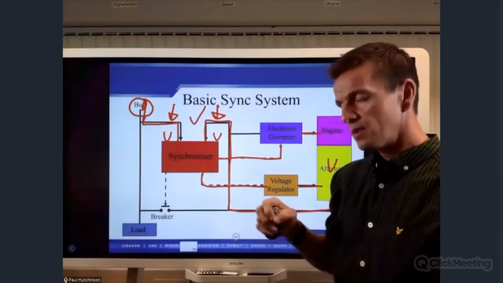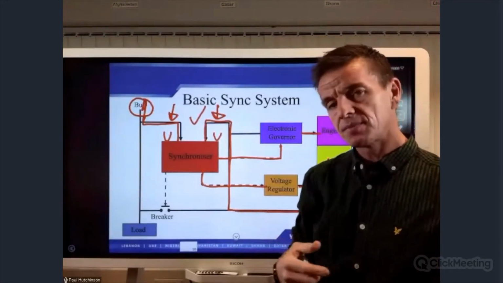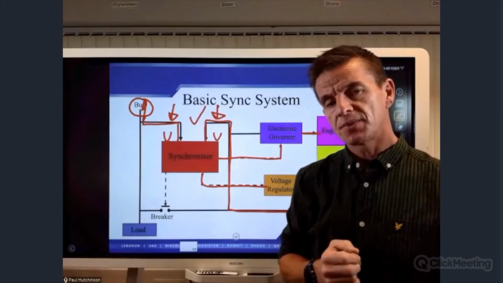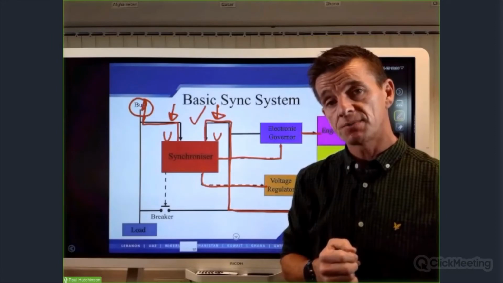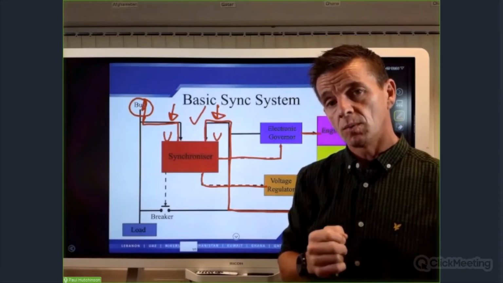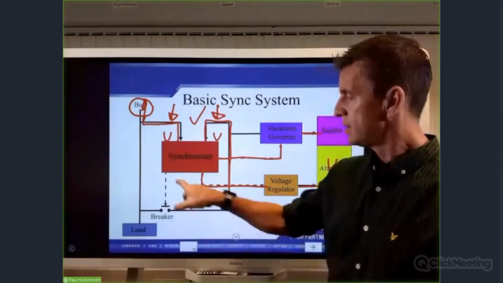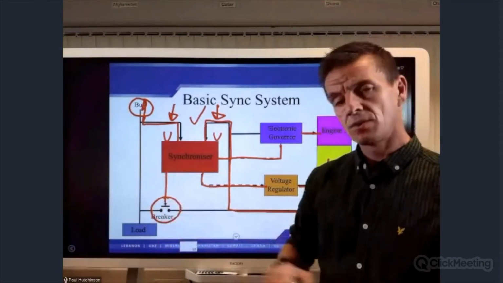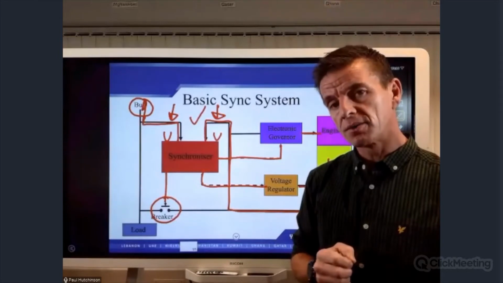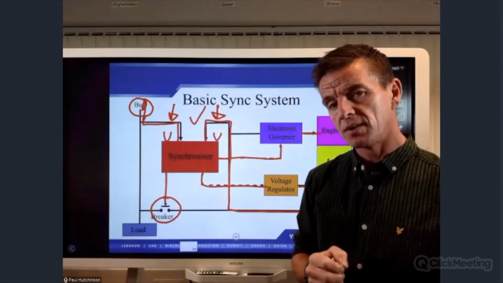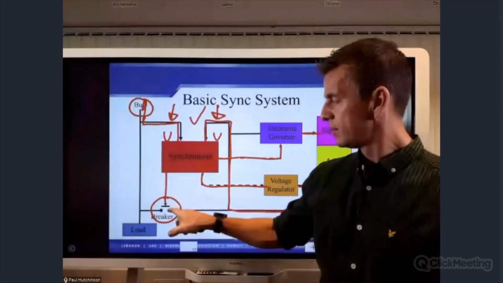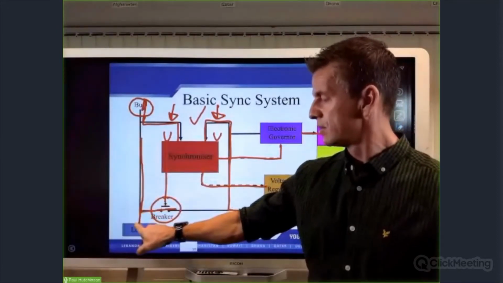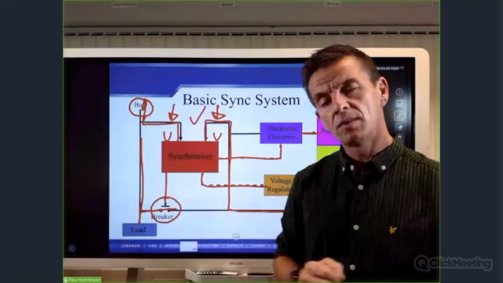Once the synchronizer is happy with the five things we talked about for synchronization, at that point we'll then send a signal to close the breaker, the genset breaker. At that point, we're in sync with the oncoming or the other source.